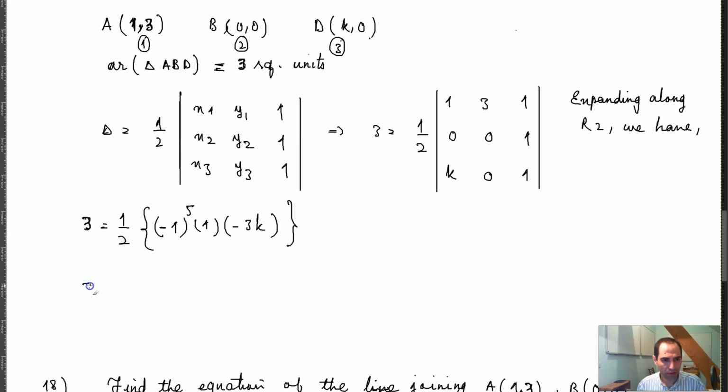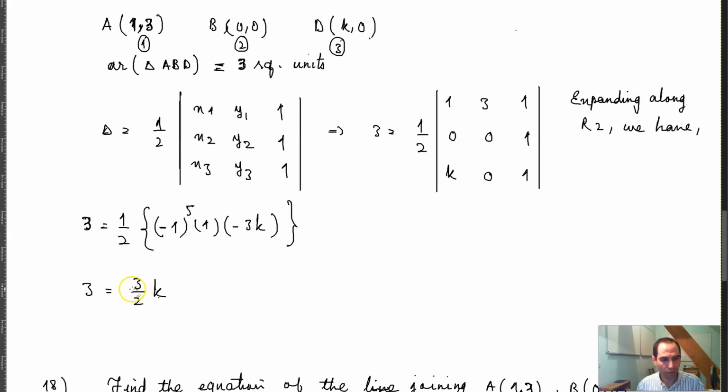So let me see, 3 is equal to 1/2 times 3k, or 3/2 k.